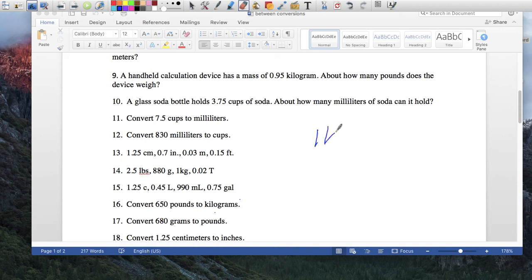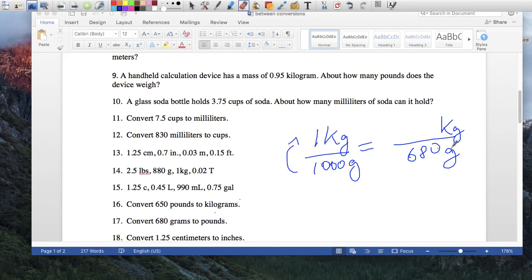So 1 kilogram is 1,000 grams, and here's kilograms, and here's grams. So if you have 680 grams, how much would that be in kilograms? Divide by 1,000. Right, because how did 1,000 become a 1? Divide by 1,000. So you're going to move the decimal to the left.